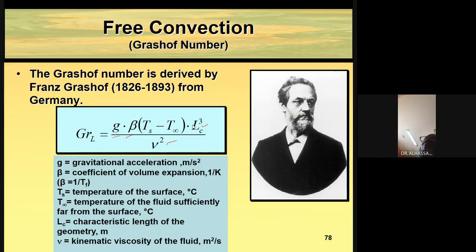Okay, so this is the parameter which is used to determine the nature of the flow for a free convection. For a forced convection, we use Reynolds number.